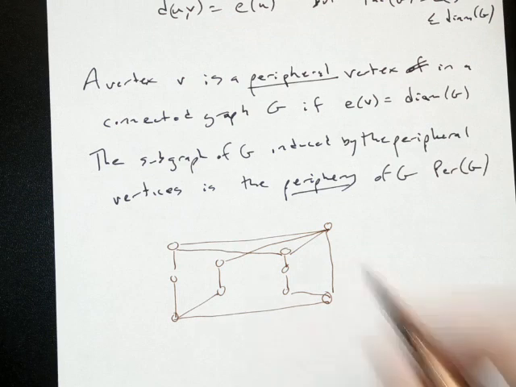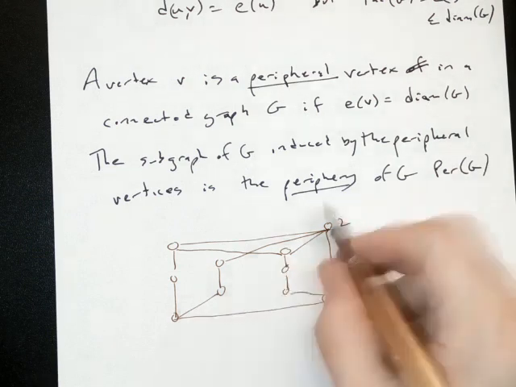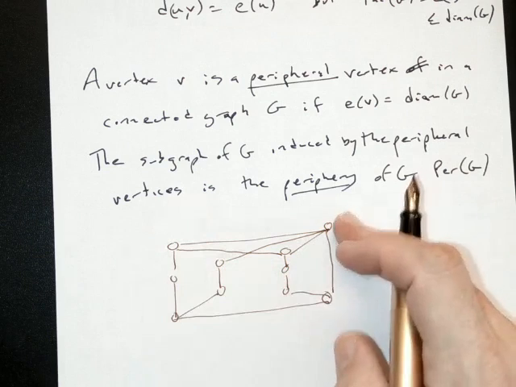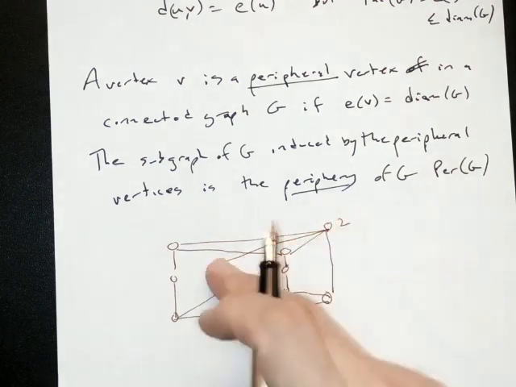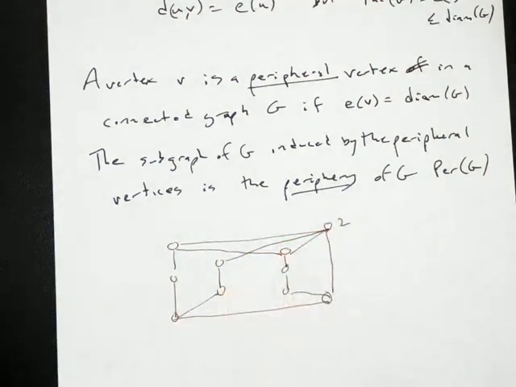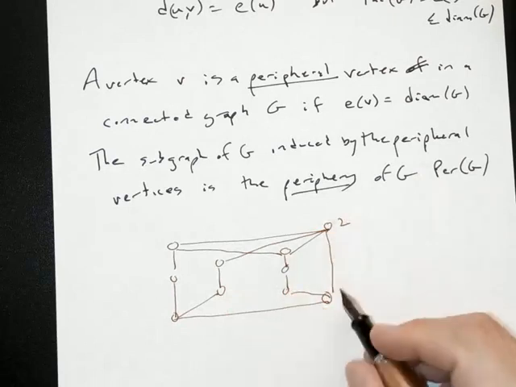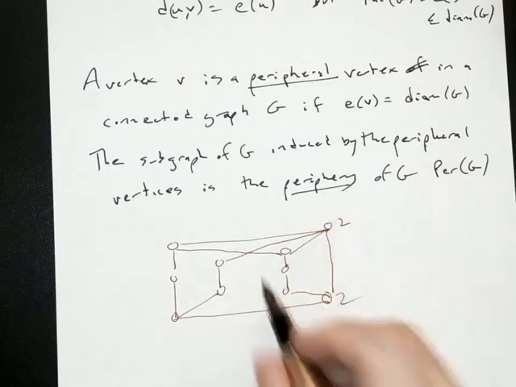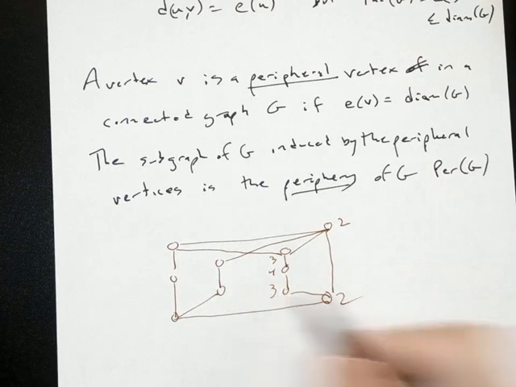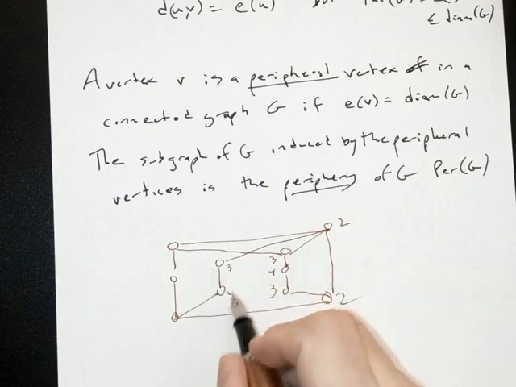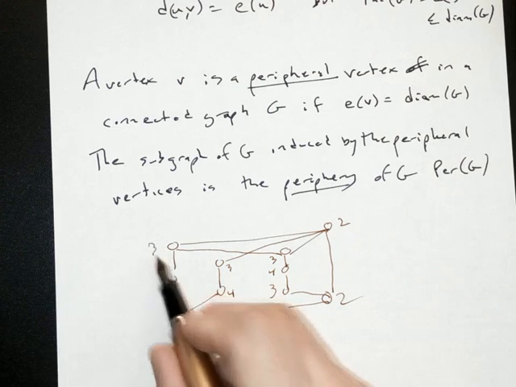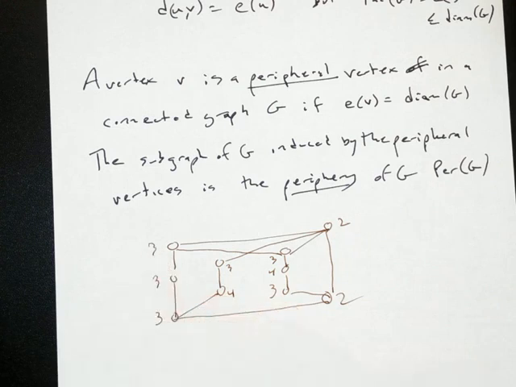I left off an edge. So this is 2 because I can get to any vertex in 2 steps. Same thing down here. 3, 4, 3, 3, 4, 3, 3, 3.